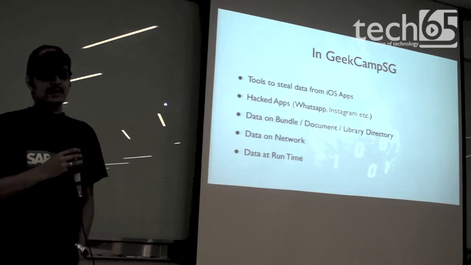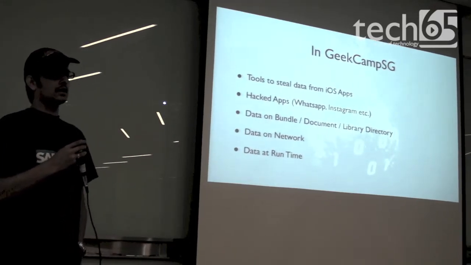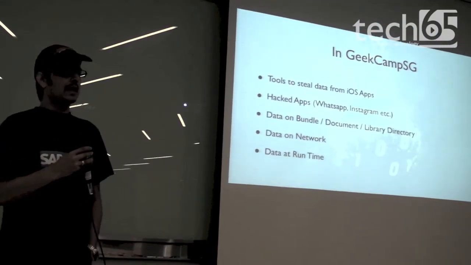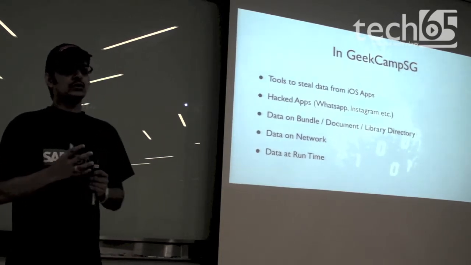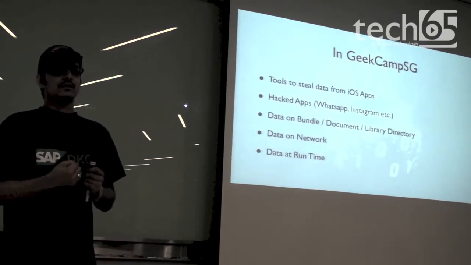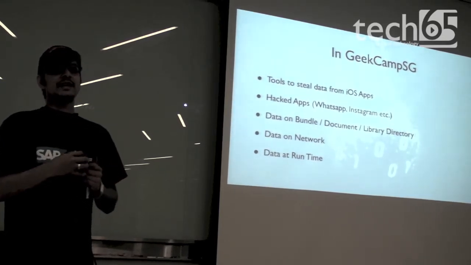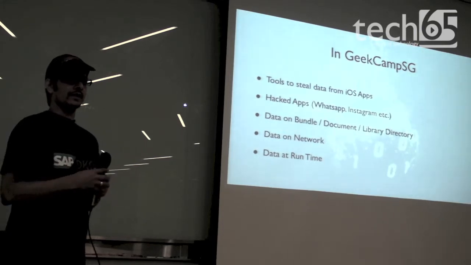But applications like WhatsApp or Evernote store the real data in different directories, and there are tools to extract those file locations, and those files are really unsecure, lying in plain text in those document directories.